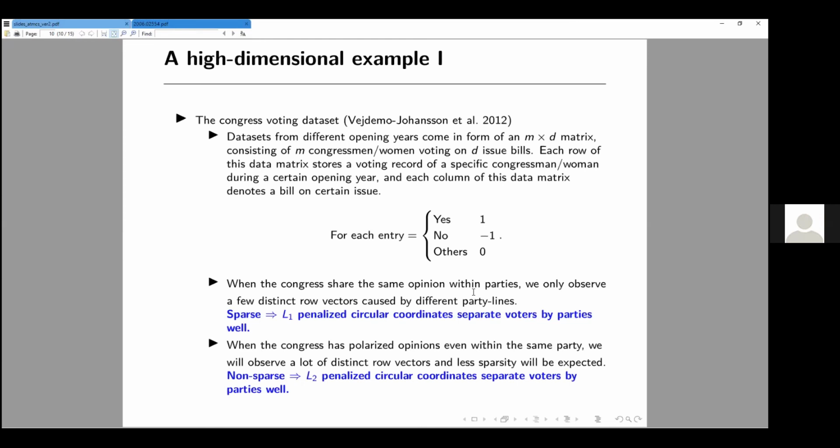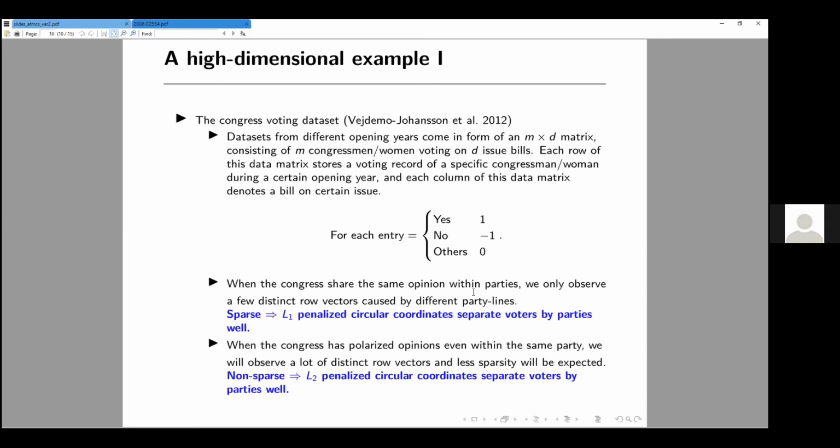That means the same congressmen and women within the same party will vote in a very similar pattern. So there are fewer distinct row vectors. In case of this sparsity, we expect that the L1 penalized circular coordinate will separate the voters by their party lines better. We'll see later what we mean by this.